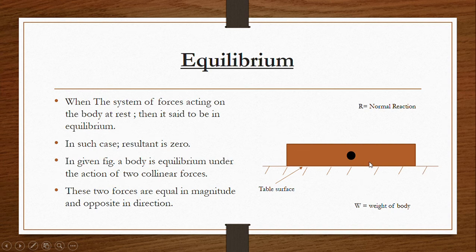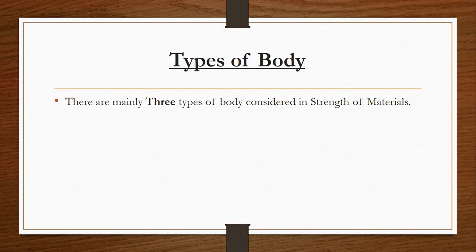It has weight directed downwards, whereas the normal reaction by the table is going upward. Both reactions are the same, that's why the book rests on the table, that means it is in equilibrium.